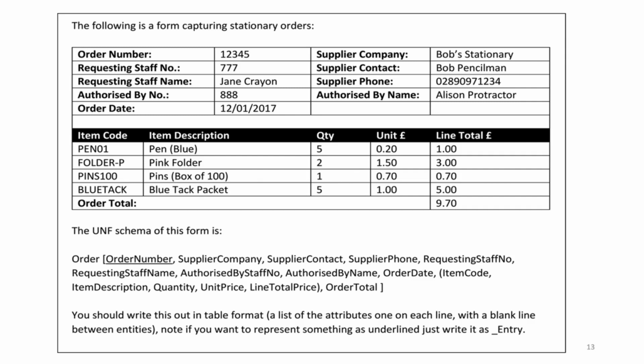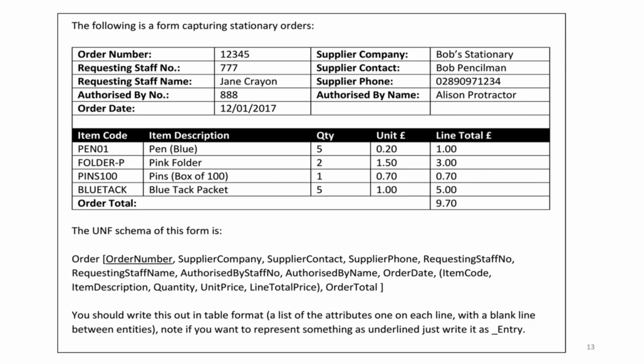First of all, you have to read the question exactly and understand the details of the attributes that we have. We have a form here, stationary orders: order number, supplier company, supplier contact, supplier phone, requesting staff number, and requesting staff name.